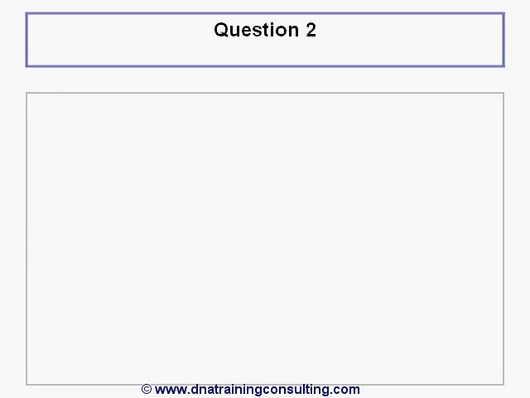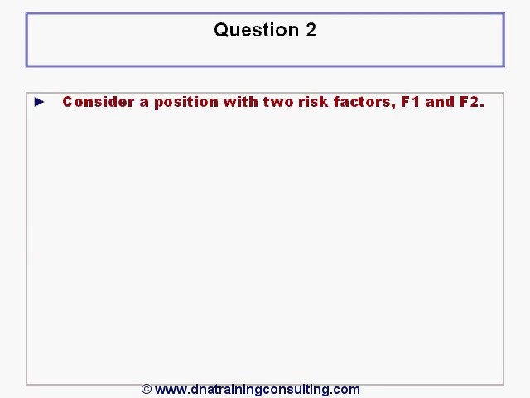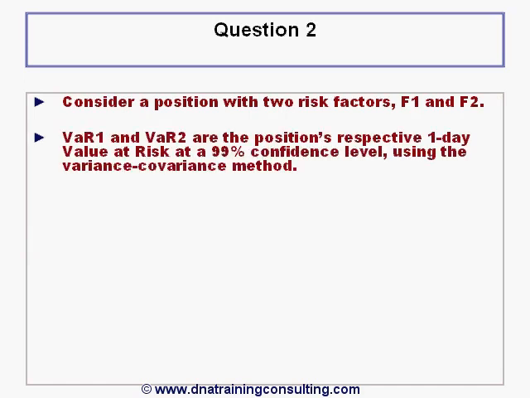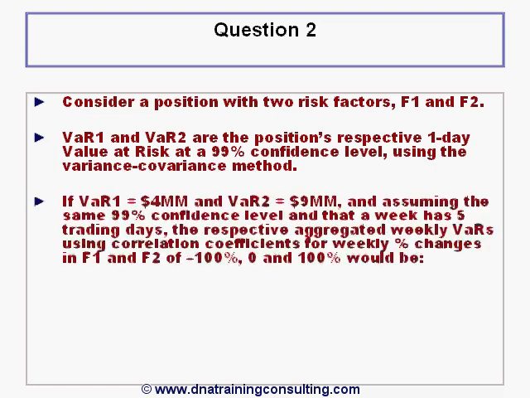Question 2. Consider a position with 2 risk factors, F1 and F2. VAR1 and VAR2 are the position's respective one-day value at risk at a 99% confidence level using the variance-covariance method.